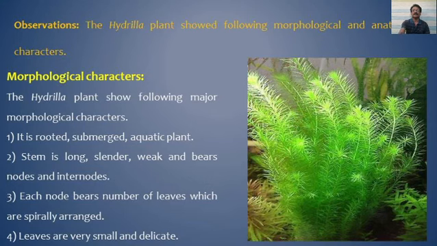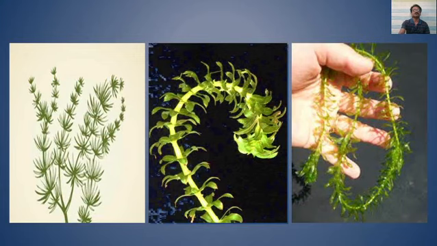Let us see the next slide. Here is one of the drawings. This is the main axis, it bears a number of branches, and each branch or axis has small leaves present on the nodes. Here you can clearly identify that this axis or stem has nodes.